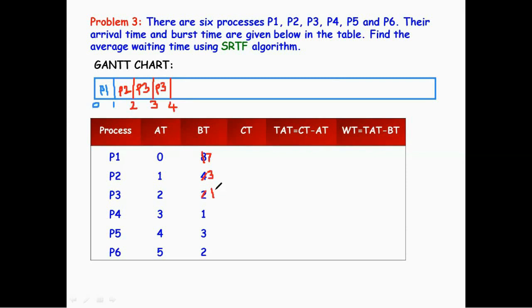P3 has fully completed its execution now. At time 4, P5 has arrived with a burst time 3. At this situation, P4 has the least burst time, so it will be scheduled now. From 4 to 5, P4 will be scheduled.